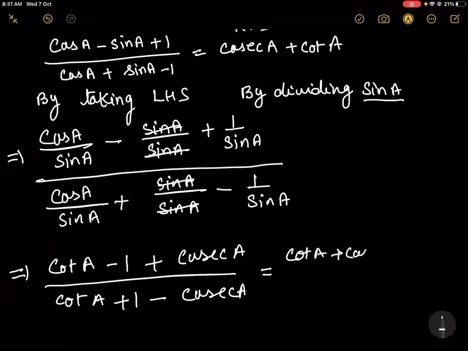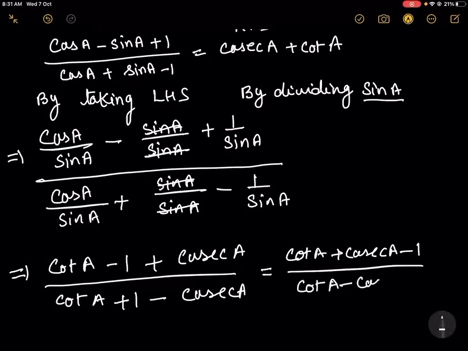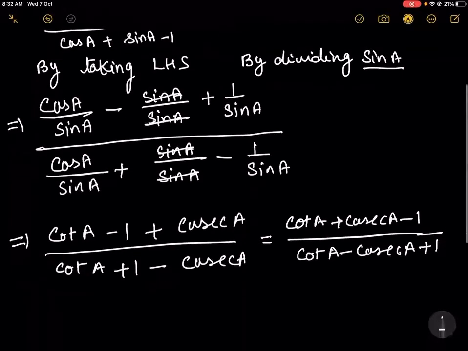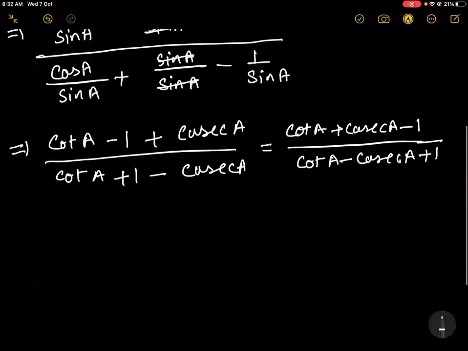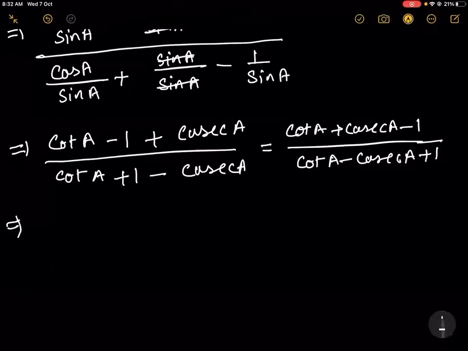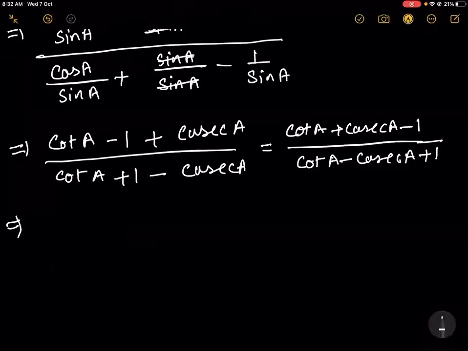Now we can write (cot A plus cosec A minus 1) upon (cot A minus cosec A plus 1). We have one identity. Can you tell me that identity?